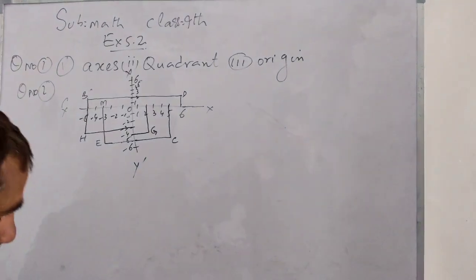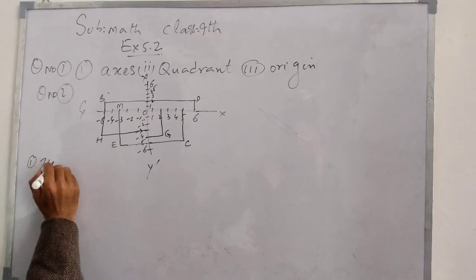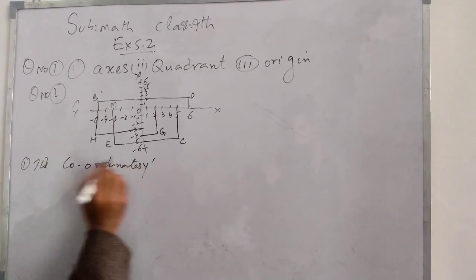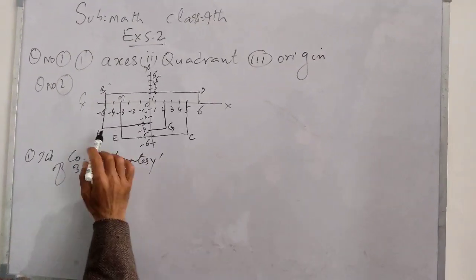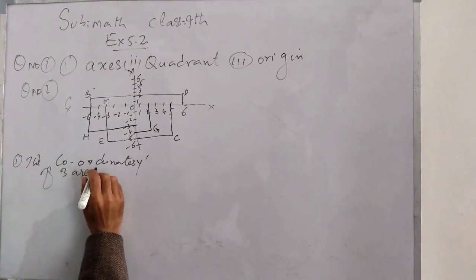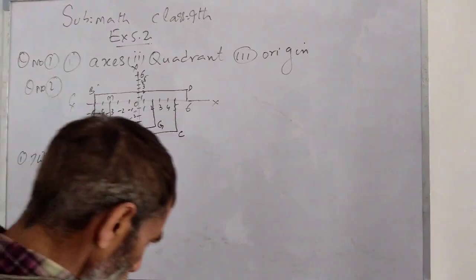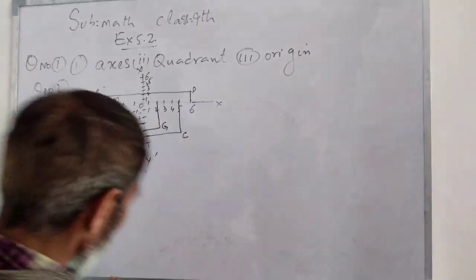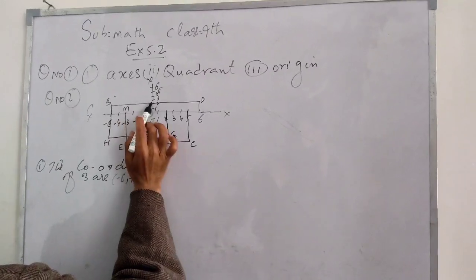First part is we have to give the coordinates of B. The coordinates of B are -5 and +2.